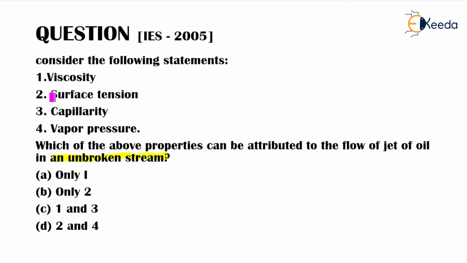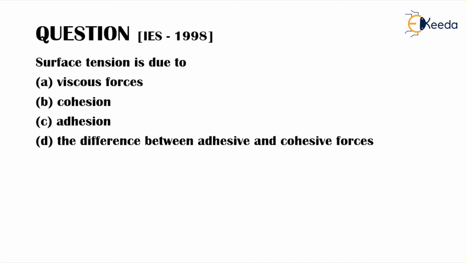It is the property of surface tension. It is the surface tension which keeps the jet intact. The stream is unbroken because of surface tension. So the correct option will be option 2.